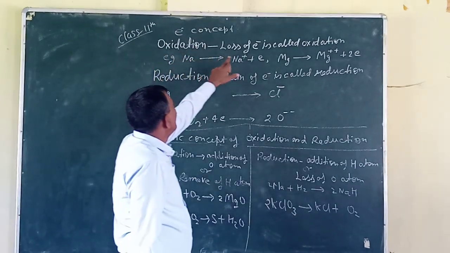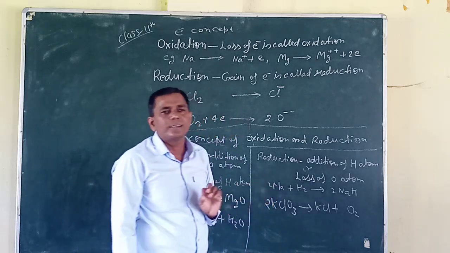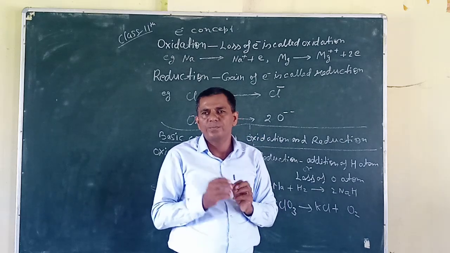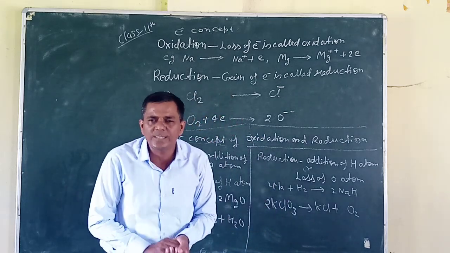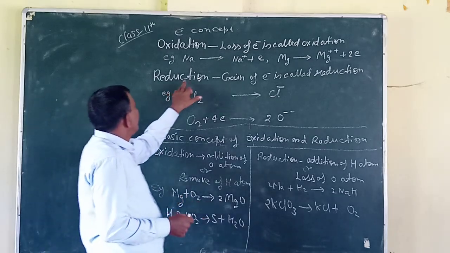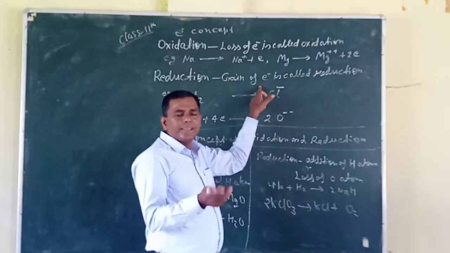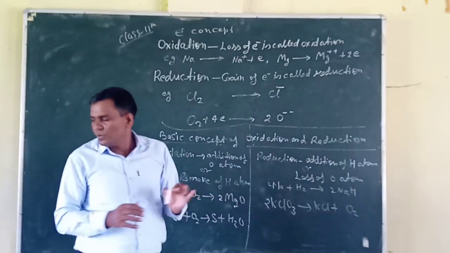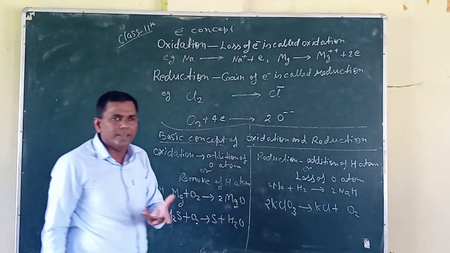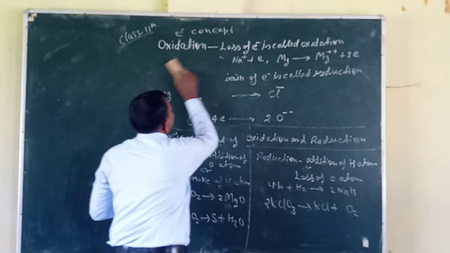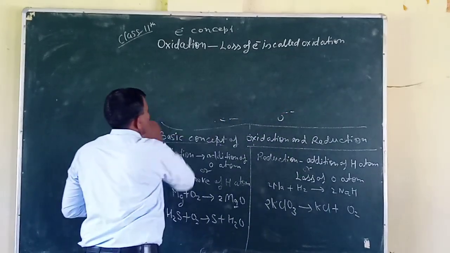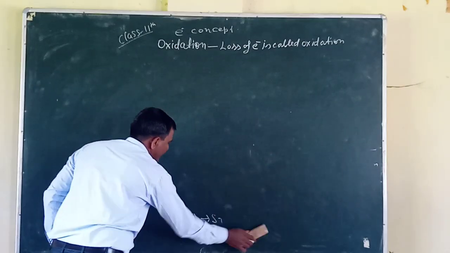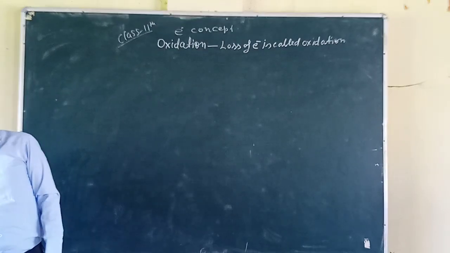Here, oxidation is loss of electron. In any process where an electron is removed, it is called an oxidation process. And gain of electron is called the reduction process. So we discuss the clear definitions with examples. The modern concept is also based on the electron concept.